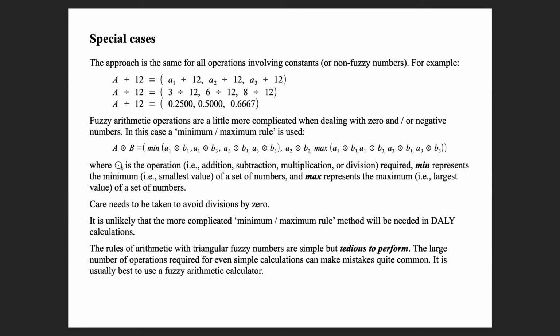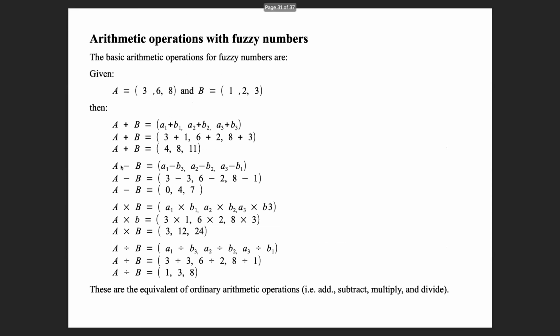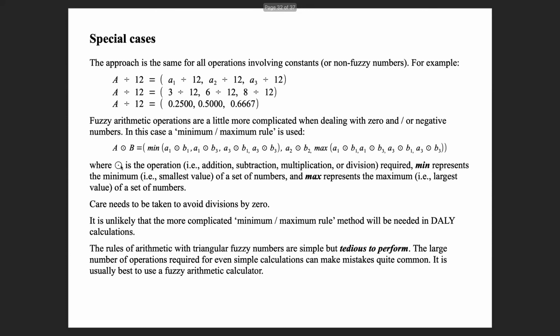But then again, we always have to take care to avoid division by 0. It's unlikely that the more complicated minimax rule will often be needed in these calculations. Now, these rules, you can see them. They're there.